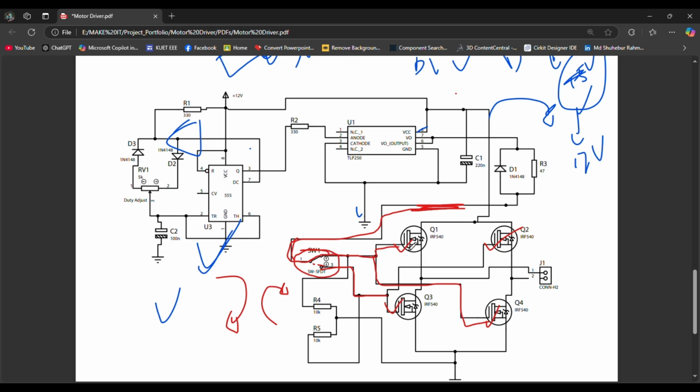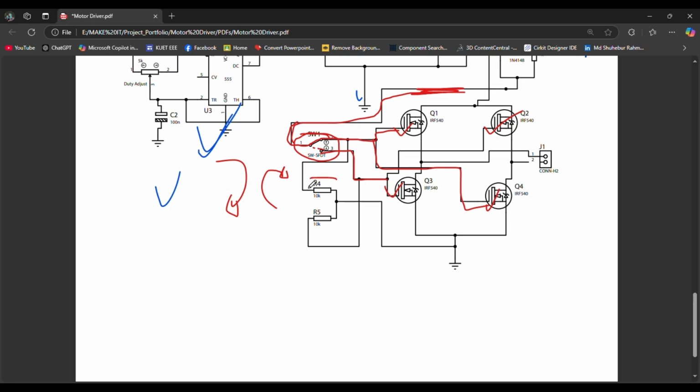That's it. And another thing is that I have to use these two resistors, which is very much important. Because suppose you have to change your direction, but the problem arises from the capacitance between this gate and source. Each of these MOSFETs has the effect of this capacitance between its gate and source.